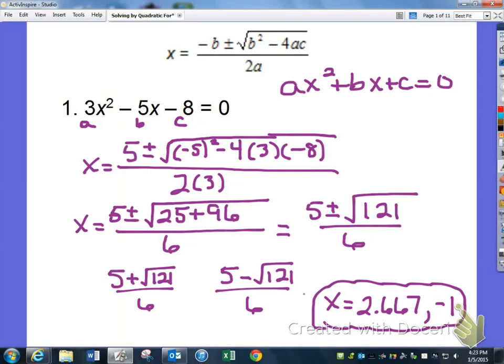And when you're doing the quadratic formula, you can leave your answers as decimals or fractions, it doesn't matter. 2.666 repeating as a fraction is 8/3, so 8/3, comma -1 would be acceptable on this also. All right, let's do the next one.